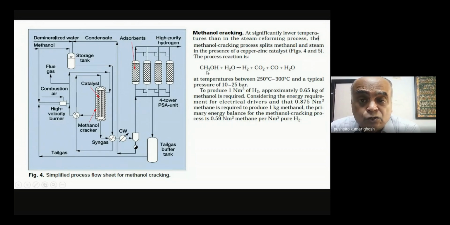But today, if you ask where all this methanol is coming from, all methanol is coming effectively from natural gas or crude oil, because it is first converted into syngas, and syngas is converted into methanol. And the reverse is basically being done with the help of this copper zinc catalyst, which cracks the methanol and converts it into these.